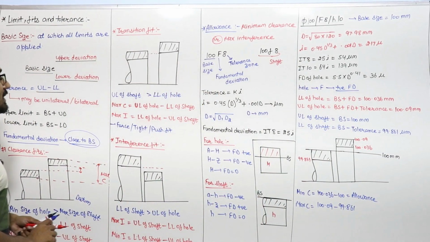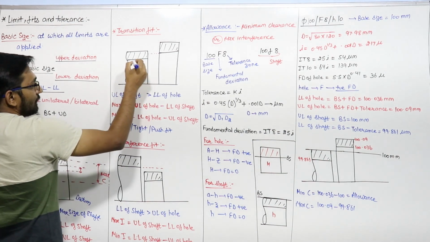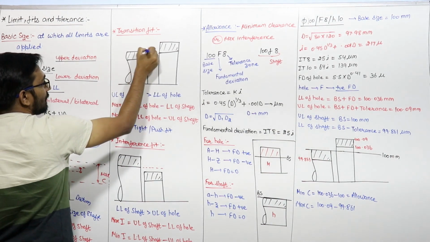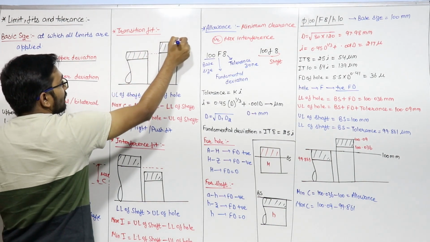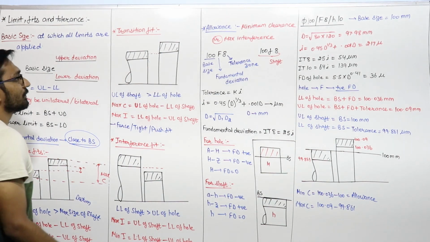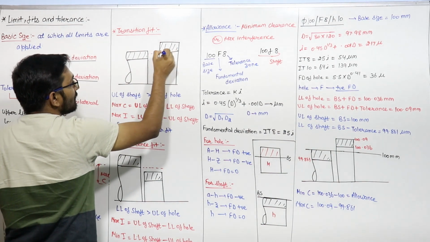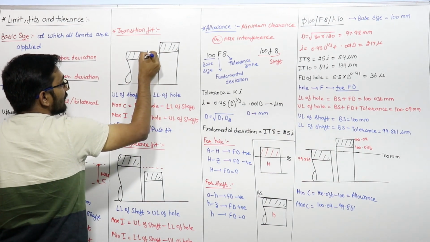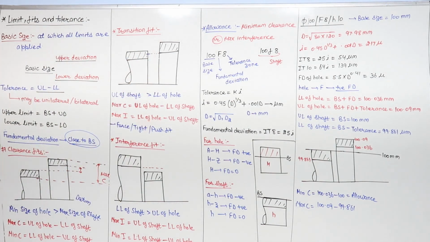Now let us discuss what is the transition fit. Transition fit क्या होता है? Suppose this is a shaft, this is the lower limit, this is the upper limit, right? This is the hole, this is the lower limit, and this is the upper limit. We can say that the lower limit of the hole is intersecting this tolerance zone of the shaft.